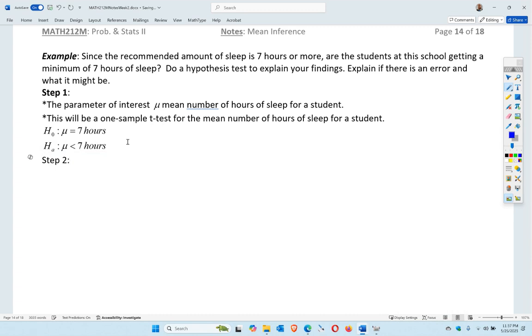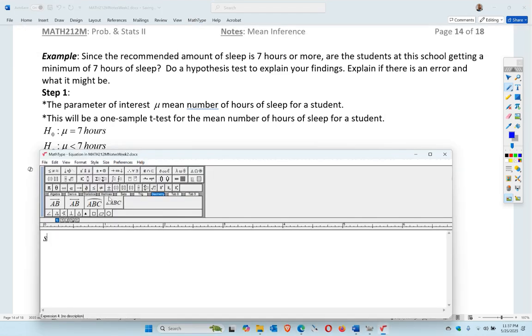Step 2, can we do it? All right, so the s was approximately 1.07 dot dot dot, and the number of samples was 25, right? The mean of the samples, x-bar, is 7, right?